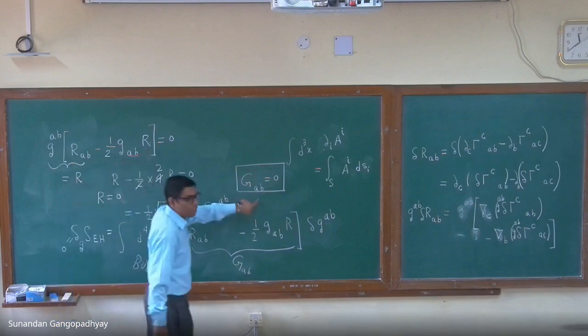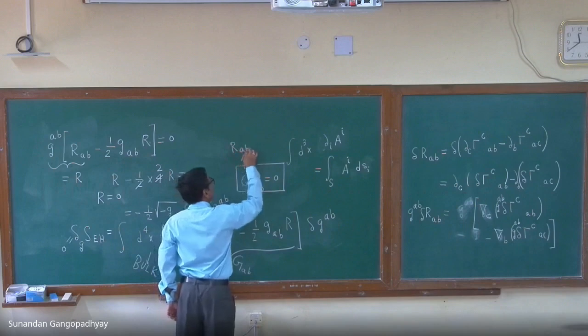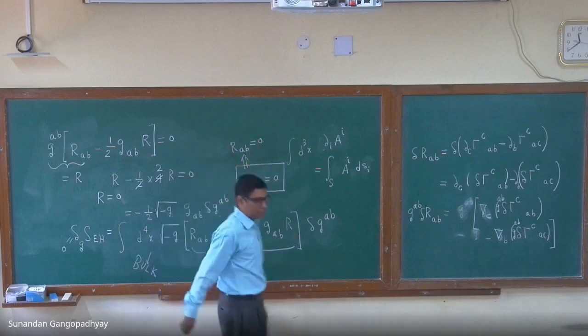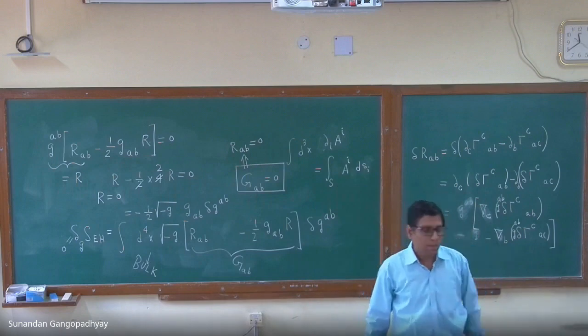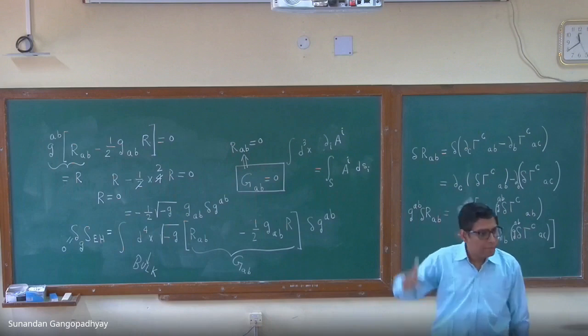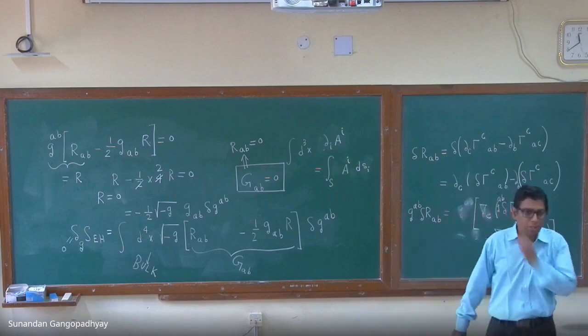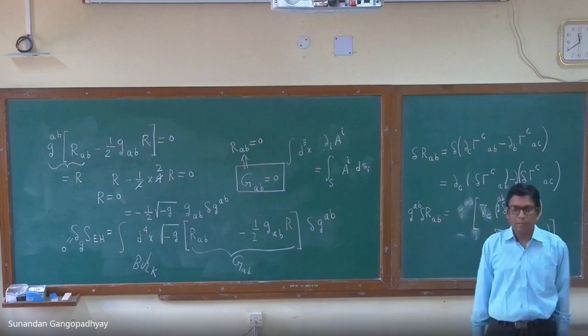So this is equal to 0, which implies R_AB is equal to 0. So in vacuum, the actual field equations of GR are R_AB equal to 0. You remember that we derived it heuristically from the geodesic deviation equation, applying the Newtonian limit.